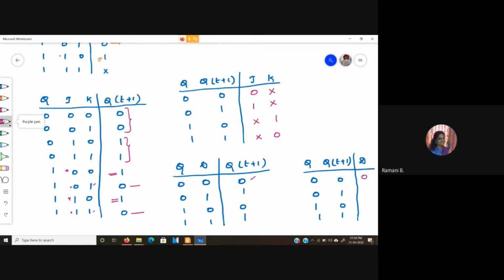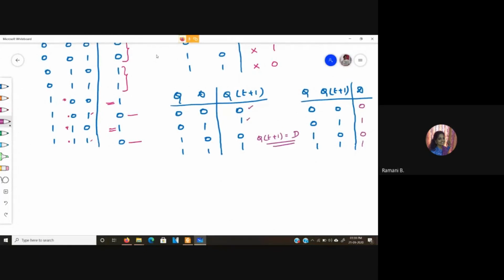When Q is 0 and Q of t plus 1 is 1, this is 1. Then for 1 and 0, this is 0, and for 1 and 1, this is 1. Here you just have to remember we know that Q of t plus 1 is equal to D in case of D flip-flop. So whatever value you have in D, you will be writing for Q of t plus 1 in the characteristic table. The same way, whatever value you have for Q of t plus 1 is the value of D in case of the excitation table. Both are sort of vice versa cases.